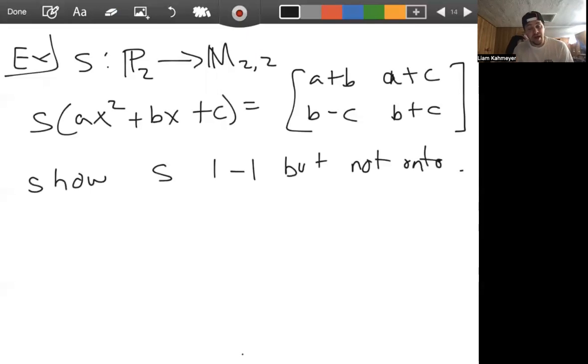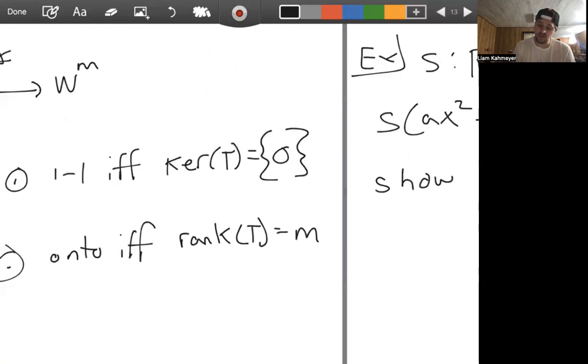And how we did this the last time was we just computed explicitly. We showed the injective and surjective properties explicitly and showed that it was satisfied in the case of injectivity, but it failed in the case of surjectivity, right? Remember, for injectivity, it's injective if and only if T of v equals 0 implies v equals 0. Well, that's really this statement.